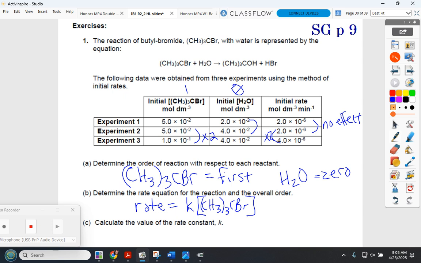If you need to rearrange the equation to get K by itself, it'll be the rate over the concentration, in this case, because that's all we have.